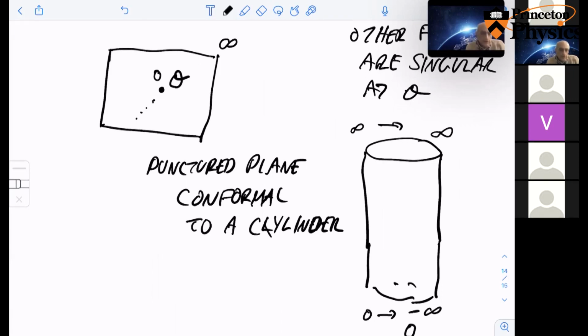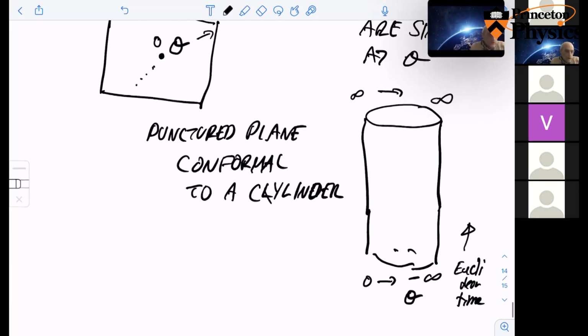So the operator lives at time minus infinity, with Euclidean time running up. The time that runs up corresponds to the logarithm of the distance in the other picture. So in this operator state correspondence, an operator corresponds to a state psi sub O on the cylinder.